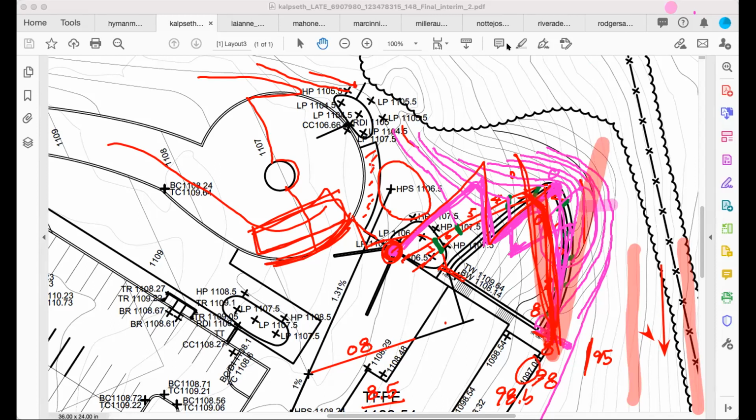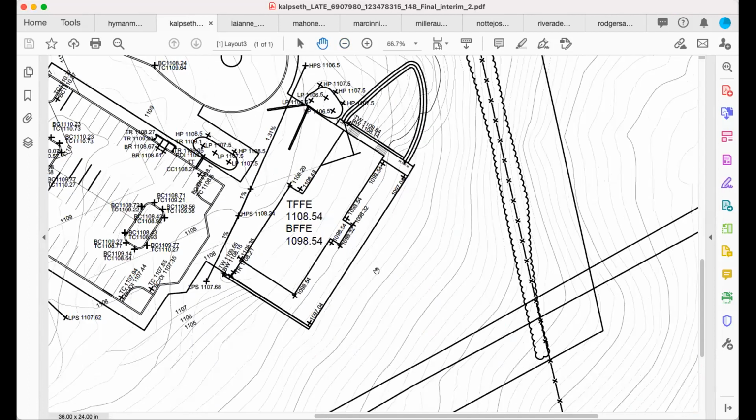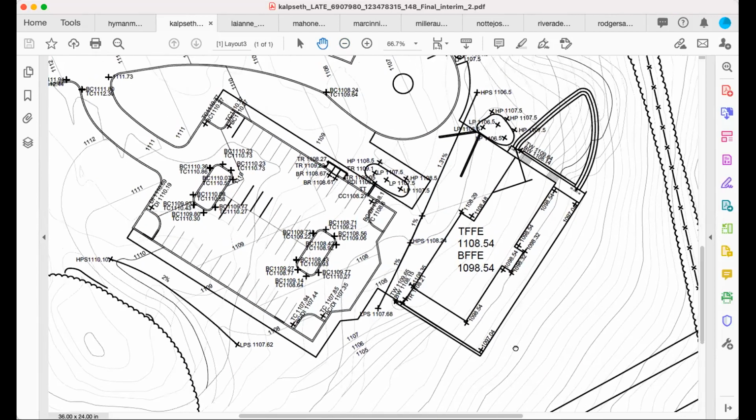So that's that part. I'm gonna clear all this. And we have contours over here. I think we're lacking some design in this area.